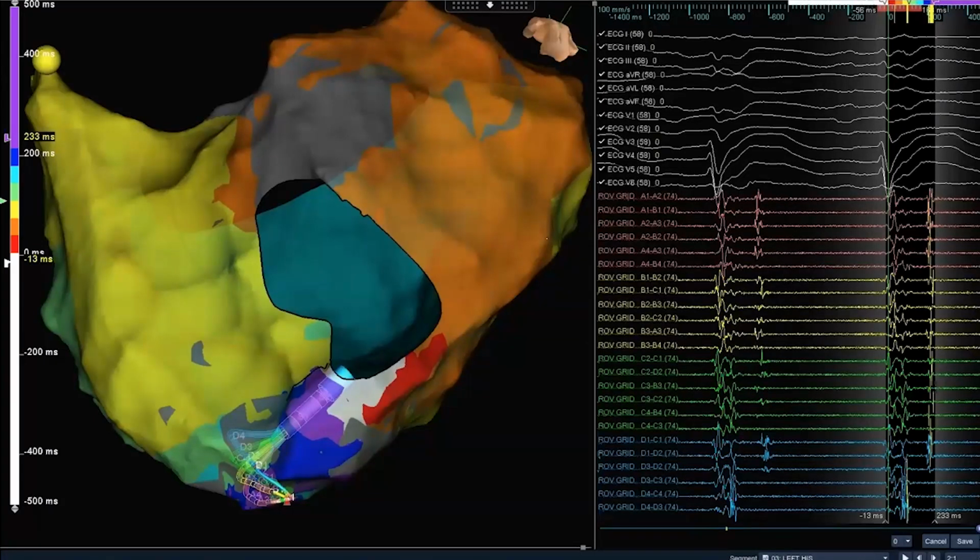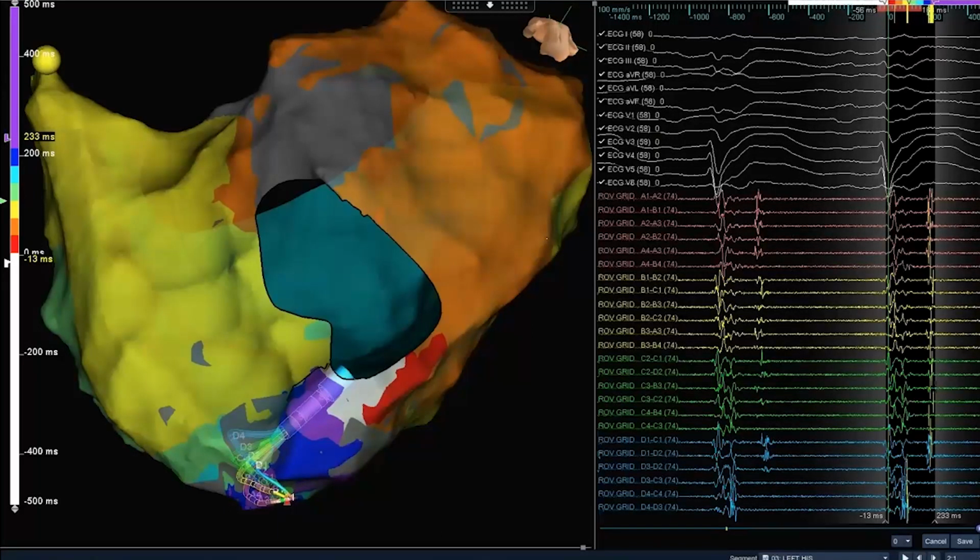The picture on the right is the electrical recording of those splines. What you see there is a QRS. You can orient yourself to the top 12 EKG leads, and just underneath that in the red, yellow, green and blue splines, you see a sharp signal just underneath the QRS.